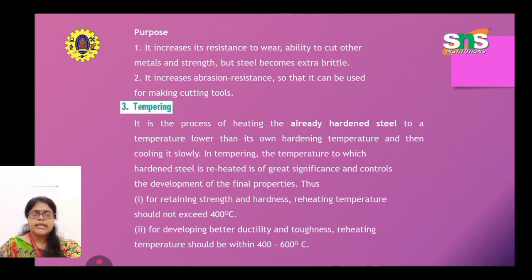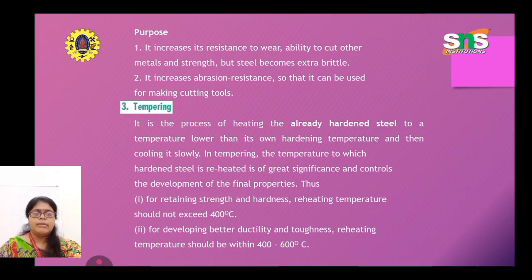The next thing is tempering. It's a process of heating the already hardened steel to a temperature lower than its hardening temperature and then cooling it slowly. We have to see that the cooling is done slowly here. For retaining strength and hardness, the reheating temperature should not exceed 400 degrees centigrade.